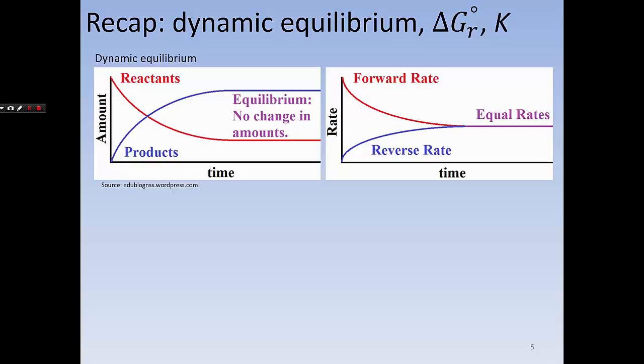The equilibrium position of any reaction, or the extent of reaction, or how far a reaction can proceed, depends on two factors. One is the standard Gibbs free energy, and the other is reaction quotient. First factor, standard Gibbs free energy, can be calculated from tabulated figures and therefore very straightforward.